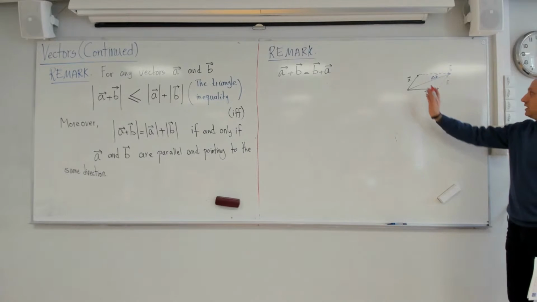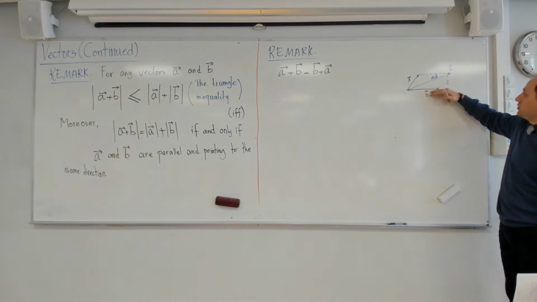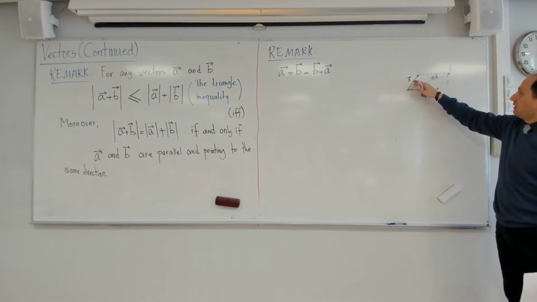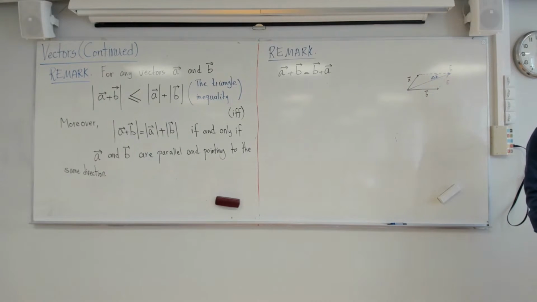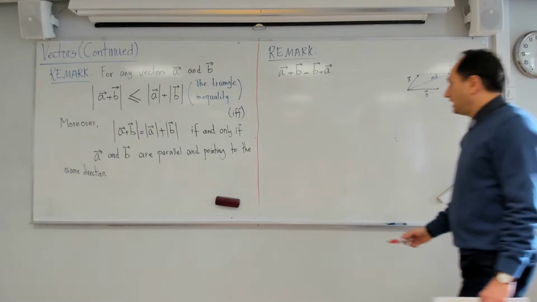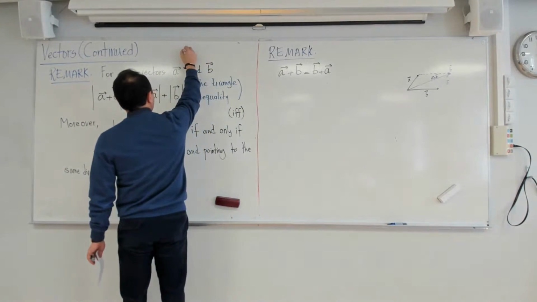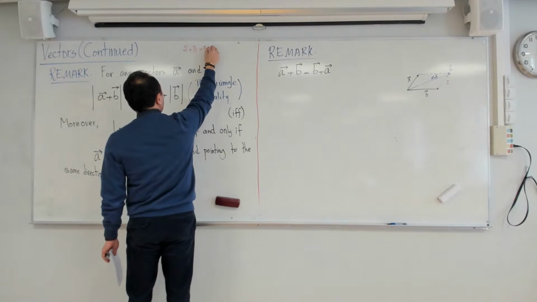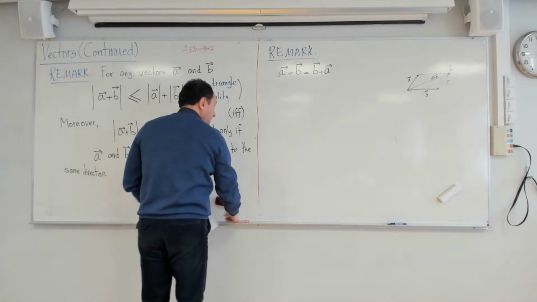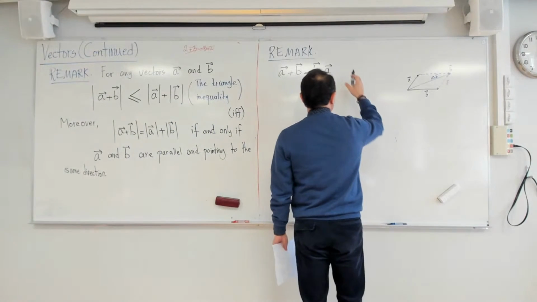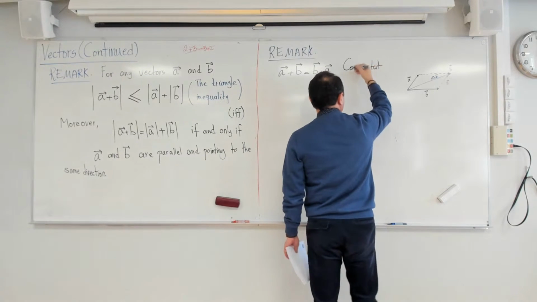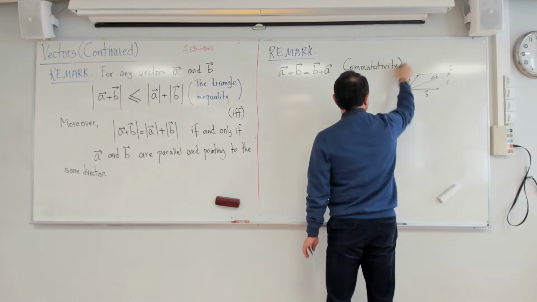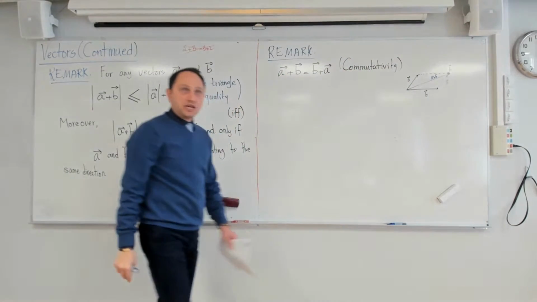So it doesn't matter if I fix A, parallel transport B, and find A plus B, or fix B and parallel transport A and find A plus B. At the end, I will get the same vector. Is that understandable? So it's like numbers. In numbers, it doesn't matter if you add 2 plus 3 or 3 plus 2, yes? So this property is called commutativity. So we can commute them. The answer is the same.